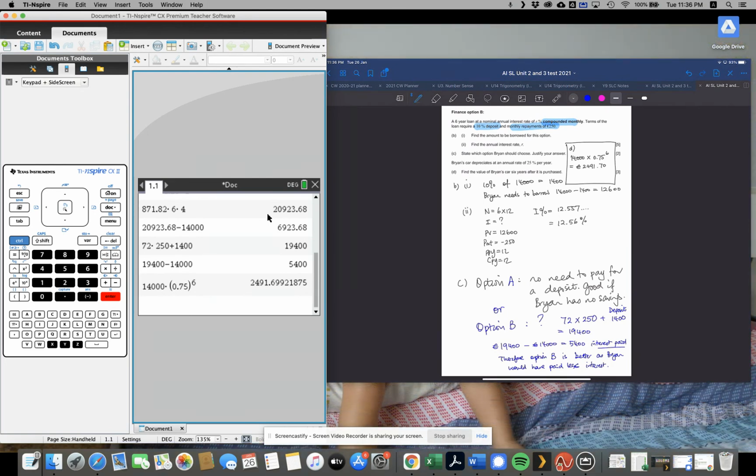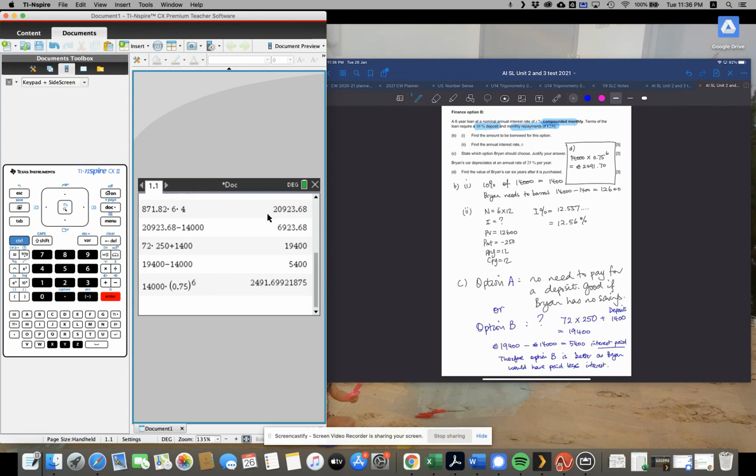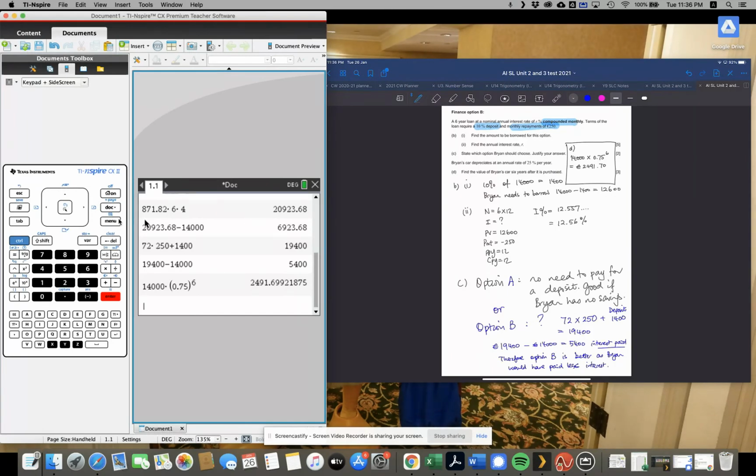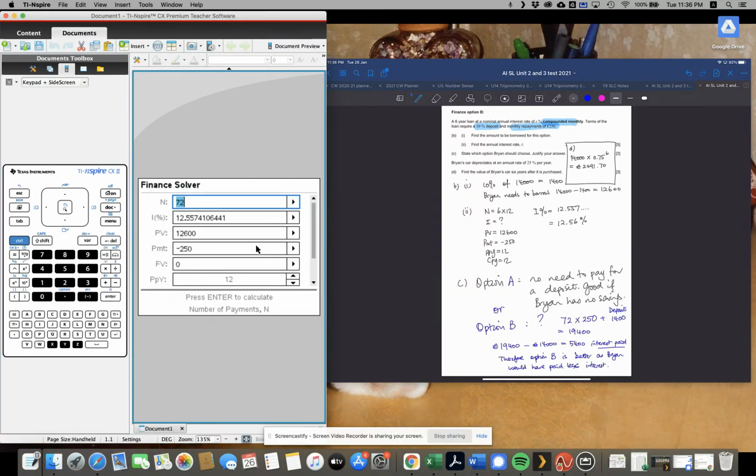Well, I hope this is helpful. One reminder is, for you to be successful in the financial math topic, you really need to know how to use the finance solver. You get used to it.